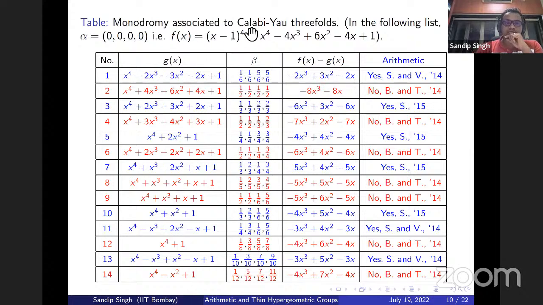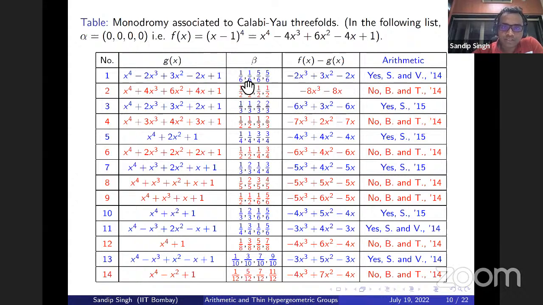In this list, the polynomial f is x minus 1 to the power 4, and if you expand, it is nothing but x^4 minus 4x^3 plus 6x^2 minus 4x plus 1. And from beta, it is clear the g is, for example, the square of the sixth cyclotomic polynomial, that is x^2 minus x plus 1 whole square. So this g is nothing but x^2 minus x plus 1 whole square.